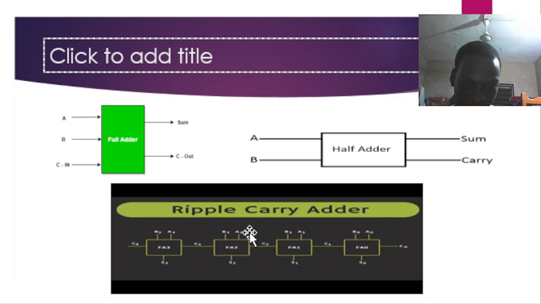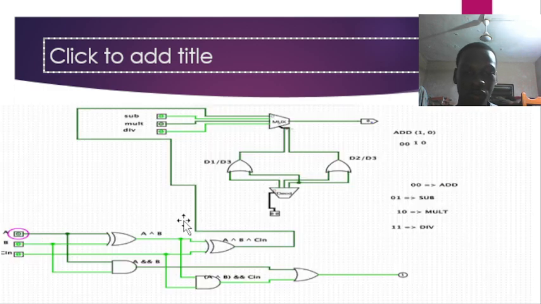And then C2, which is the carry output of FA2, becomes the input for FA1, and then C1 here is the output of FA1, but here it becomes an input for FA0. So this is a diagram to show the application of the adders.